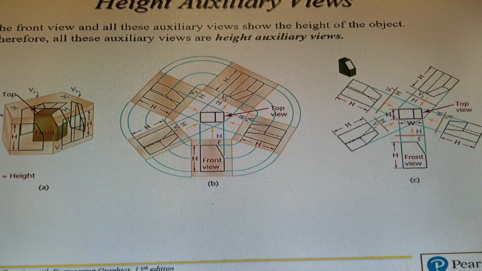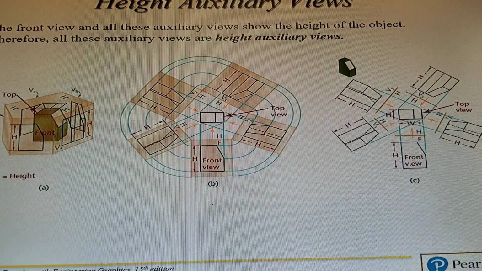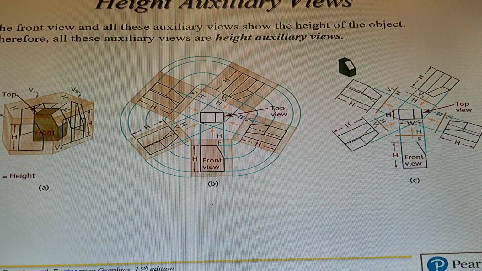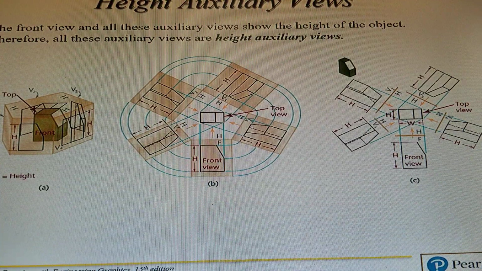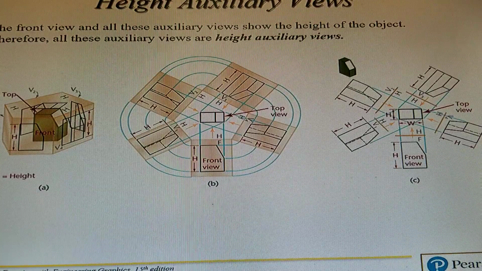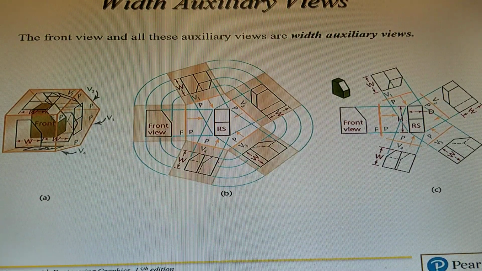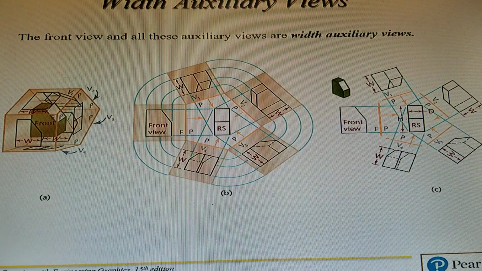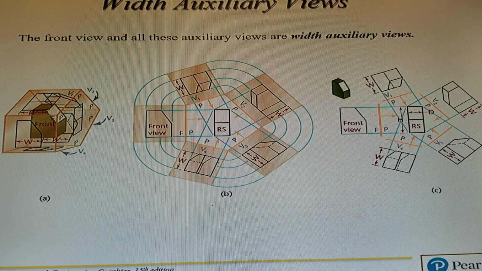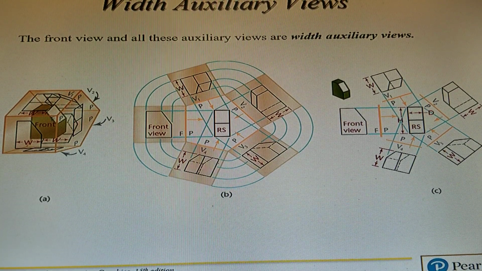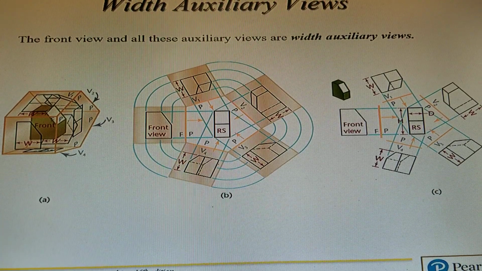Therefore, all these auxiliary views are height auxiliary views. Okay. Again, this is confusing, and I'm not going to go into a lot of depth on it. And there's the width auxiliary views. Same deal.